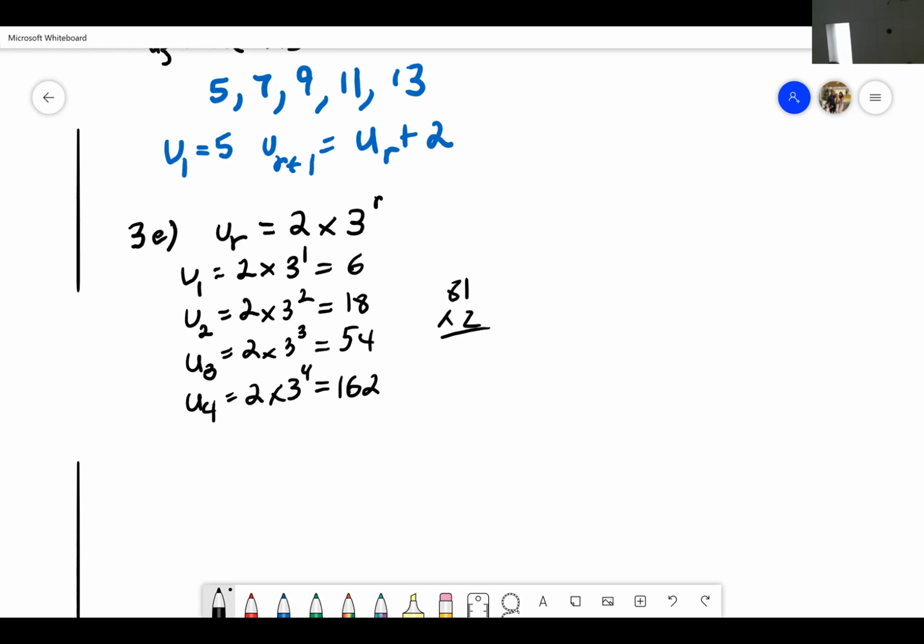And the last one will be u of 5 equals 2 times 3 to the fifth. Well, 81 times 3 is 243, and 243 times 2 is 486.